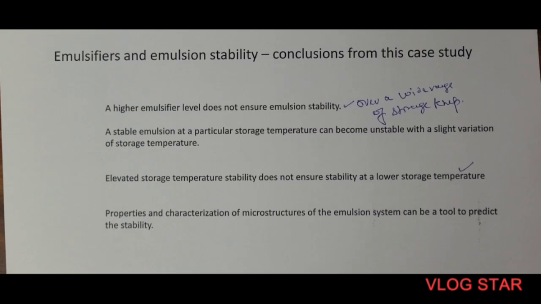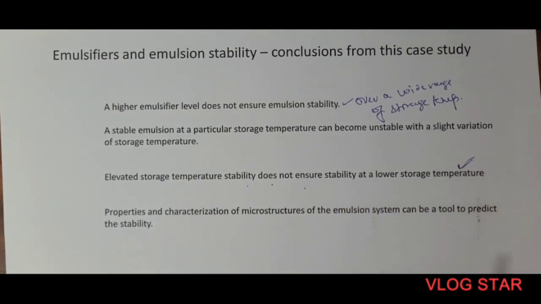You can read the Eccleston articles. These are not recent articles; they were published in the 80s and late 90s, mostly in the 80s. So you can read those articles on the stability of the gel phase and gel networks, and under what conditions. So elevated storage stability does not ensure stability at a lower storage temperature.